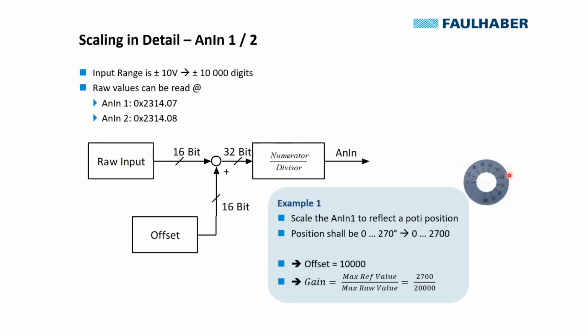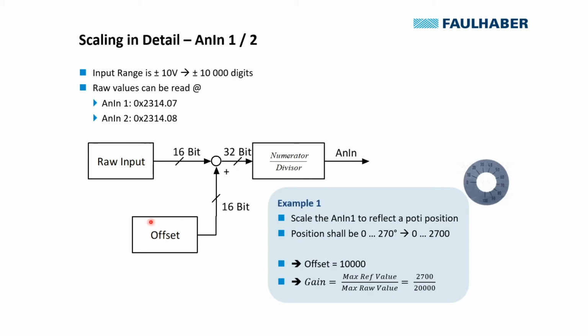So let's use the minimum input, that would be the minus 10 volt with the minus 10,000 digits. In that case, this should end up with a value of 0 after the offset. So we have to use an offset of these minus 10,000 and would compensate this to the 0 here.